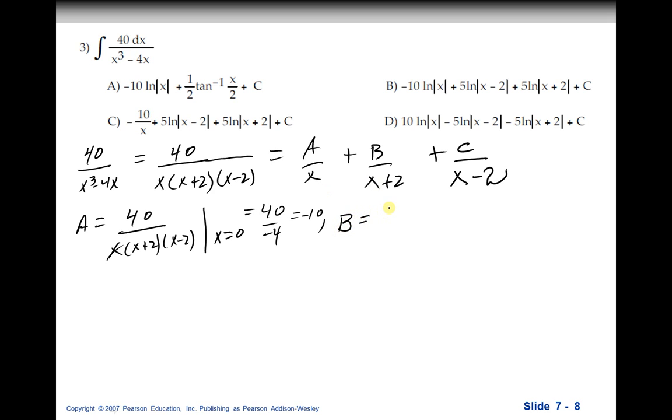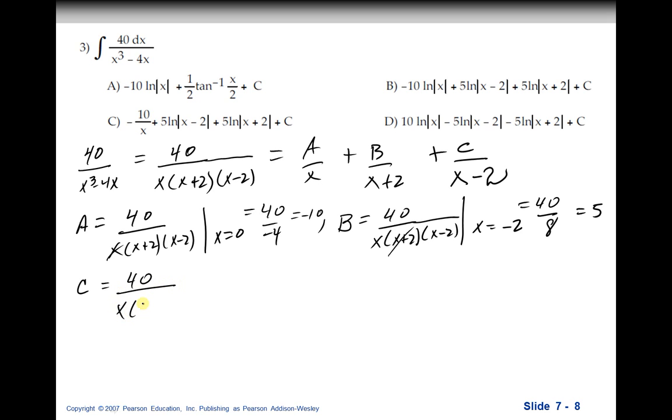B is equal to 40 over x (x + 2)(x - 2), cover up the (x + 2), evaluate at x equal minus 2, and we get 40 over plus 8 equal 5, and then finally C is equal to 40 over x (x + 2)(x - 2), cover it up, evaluated at x equal plus 2, and you get 40 over 8 equals 5.